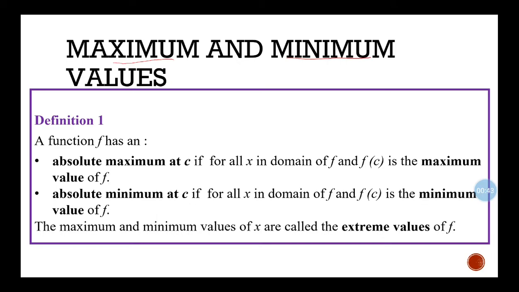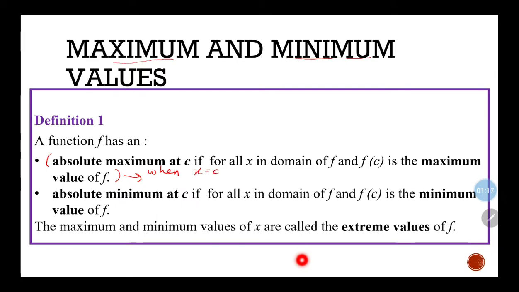Okay, so for example, a function f has an absolute minimum at c. Okay, to make it simpler for you, this sentence here can be simplified. I don't like long sentences in maths either.